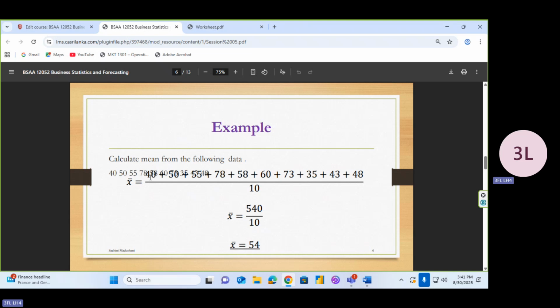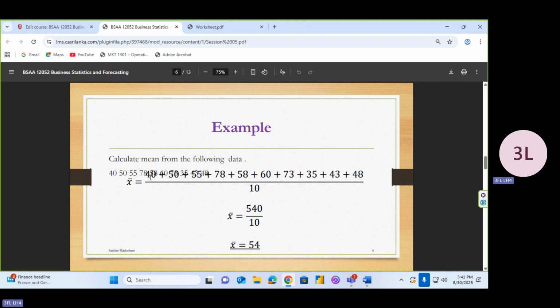Then 78, 58, 60, 73, 35, 43, 48. Now the display shows N equal 10.